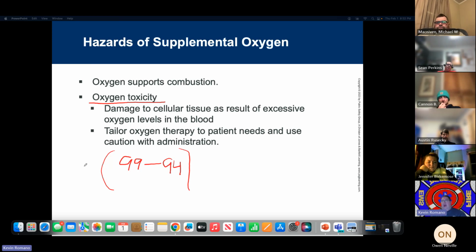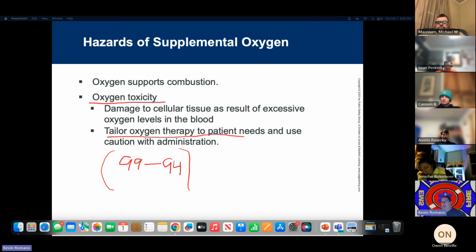Right? You can have oxygen toxicity. Extra oxygen starts giving off free radicals and it goes into the system. Okay, so that's what we want to avoid. It's actually very deadly. It can hurt the tissue and the cells. Right, so you can over oxygenate a patient.